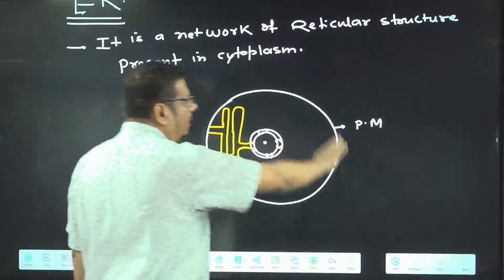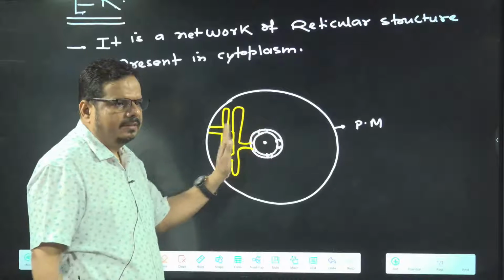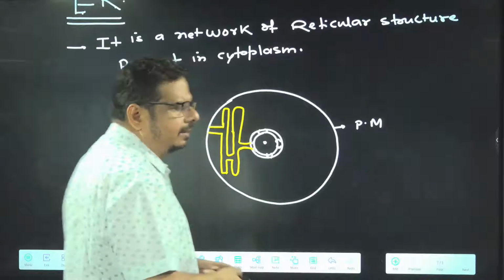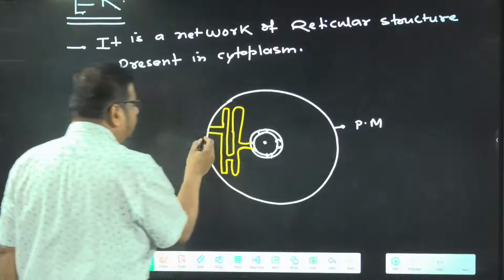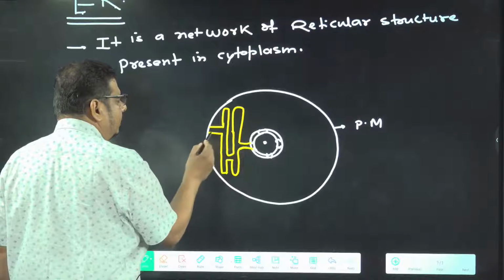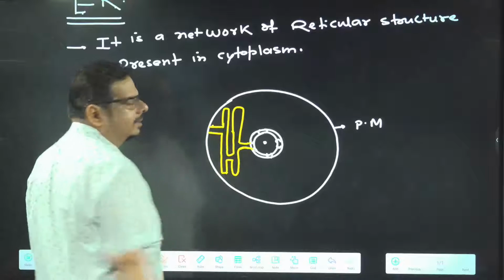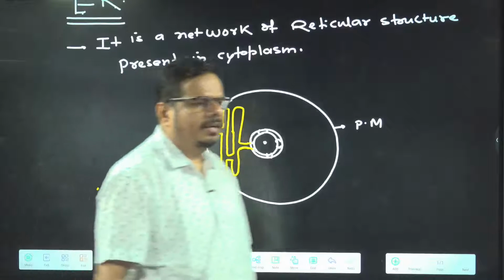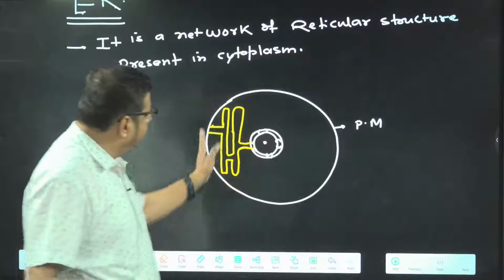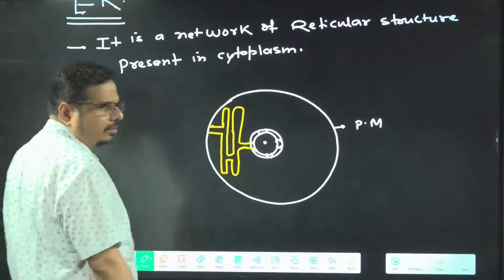All around, you will find this endoplasmic reticulum present. So on one side, the ER is attached with the plasma membrane. Are you getting the idea or not? On one side the endoplasmic reticulum is attached with the plasma membrane, and on the other side it is attached with the nuclear membrane. Right. So it is a network-like structure. Clear? Is it all right?